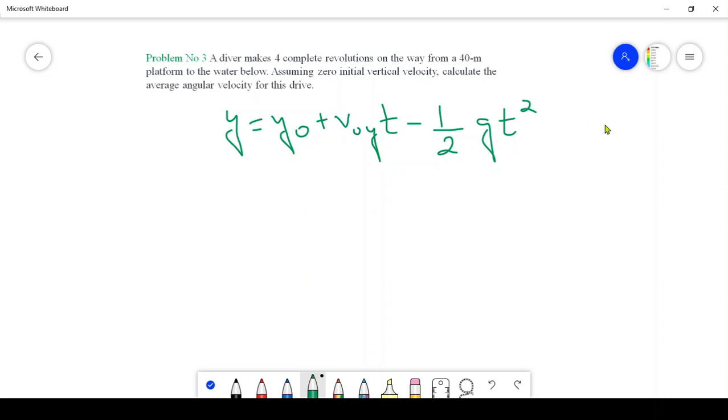Now if a diver makes a jump from a platform which is 40 meter above the water level, then we can say that initially its position is 40 meters above the water level, and this water level is at 0 meter.